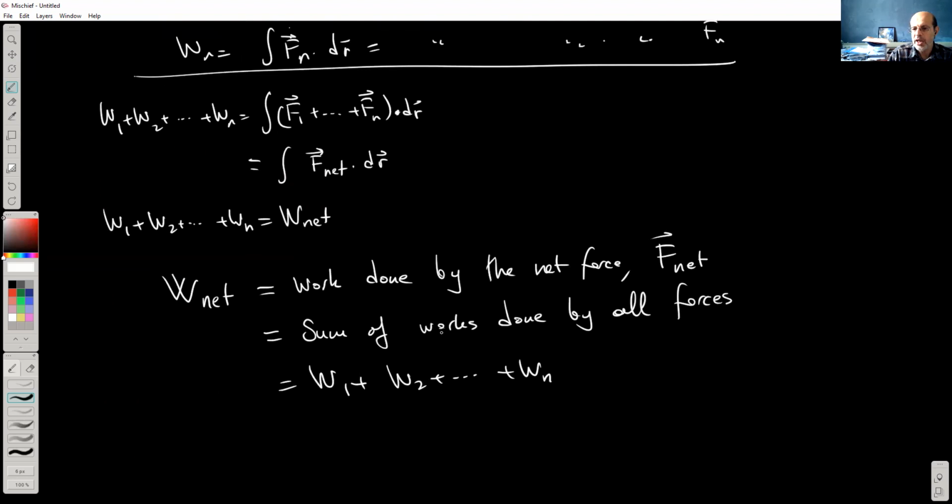In some situations, it might be easier to compute the work done by just computing the work done by the net force. Sometimes it might be easier to do it the other way. Usually it will be easier to do it like this. But in any case, both of them mean the same thing. So the work kinetic energy theorem basically relates the net work done to the change in the kinetic energy of the object. So let's have a break.